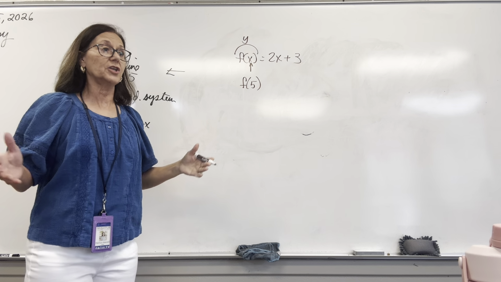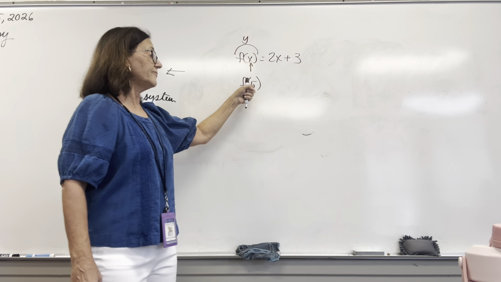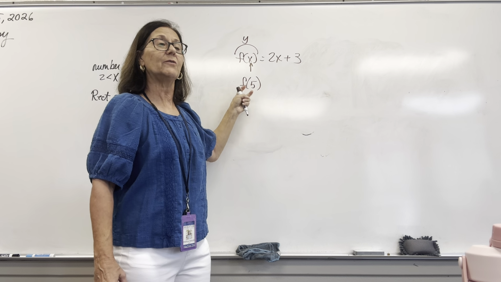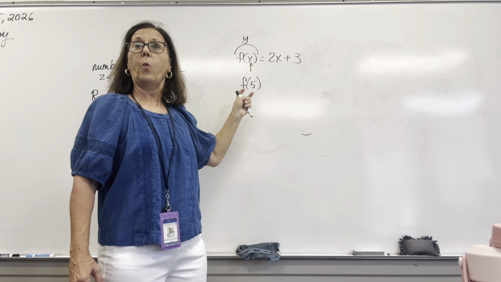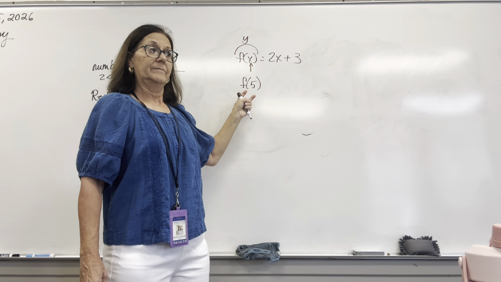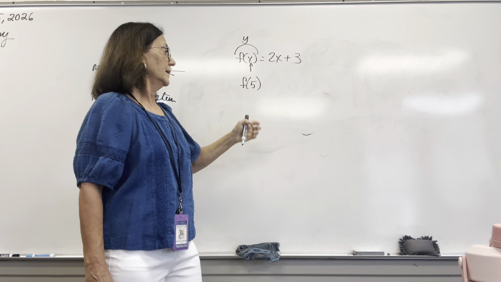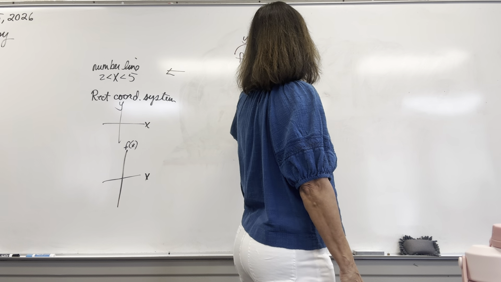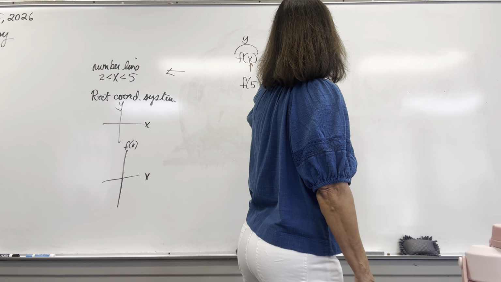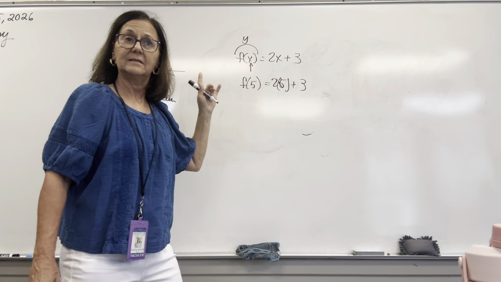Then what I'm asking you is, when you substitute 5 in for x, what's the y? This is asking what is the y value when x is 5. Make sense? So you would substitute it in. 2 times 5 plus 3. Make sense?